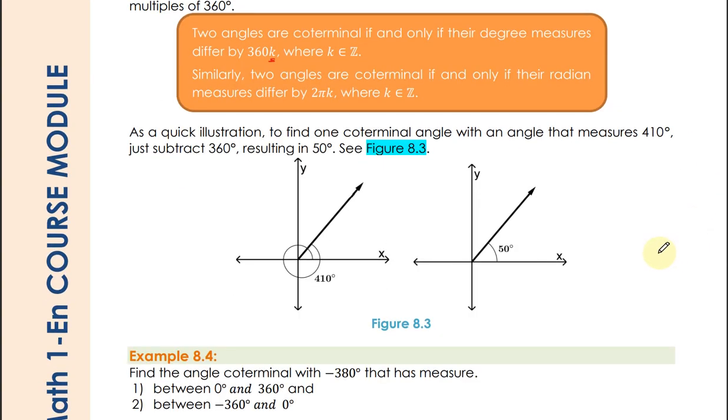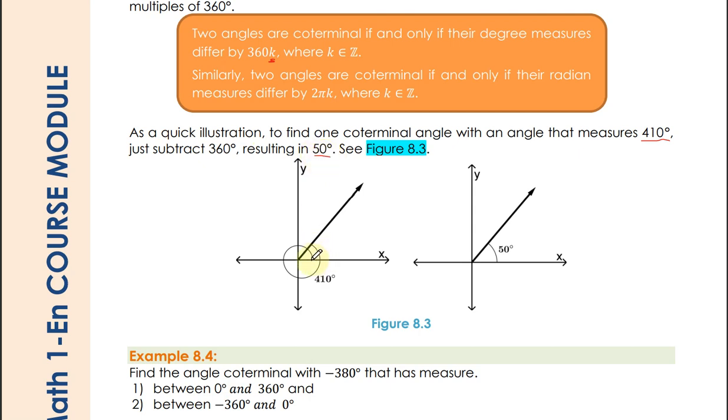So for a quick illustration, we are asked to find the coterminal of an angle measuring 410 degrees. That is just by subtracting 360 degrees from 410. So the result there is 50 degrees.